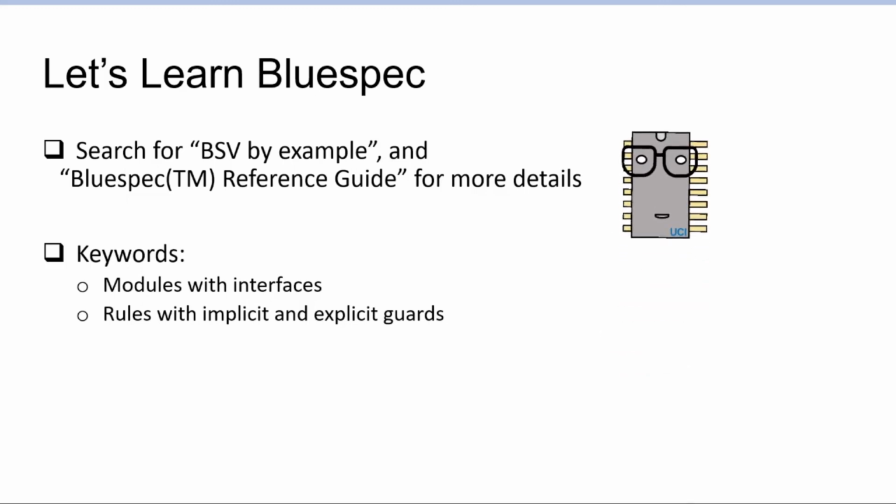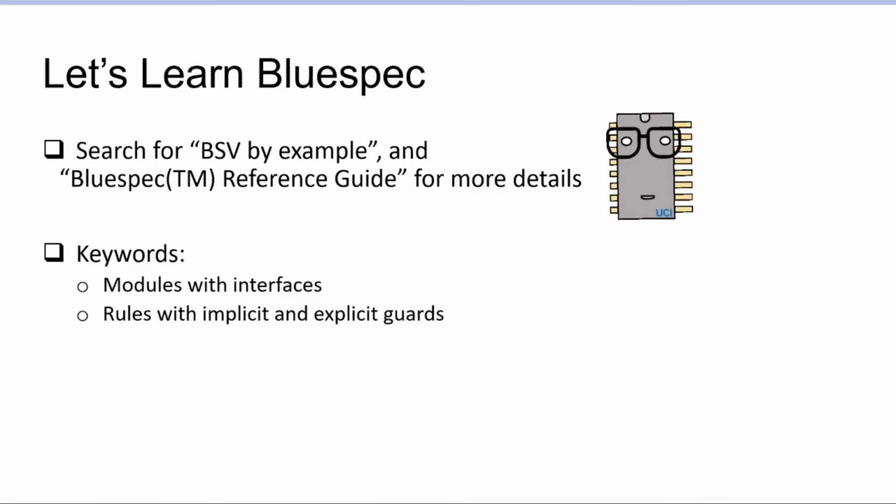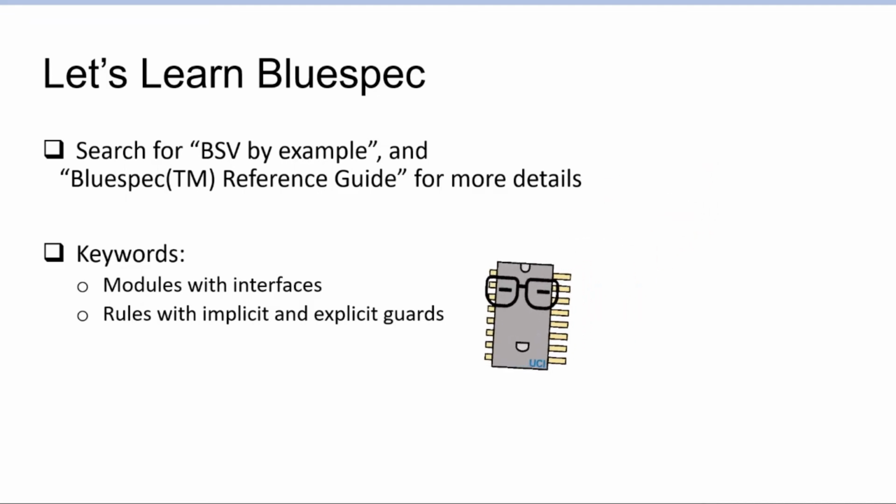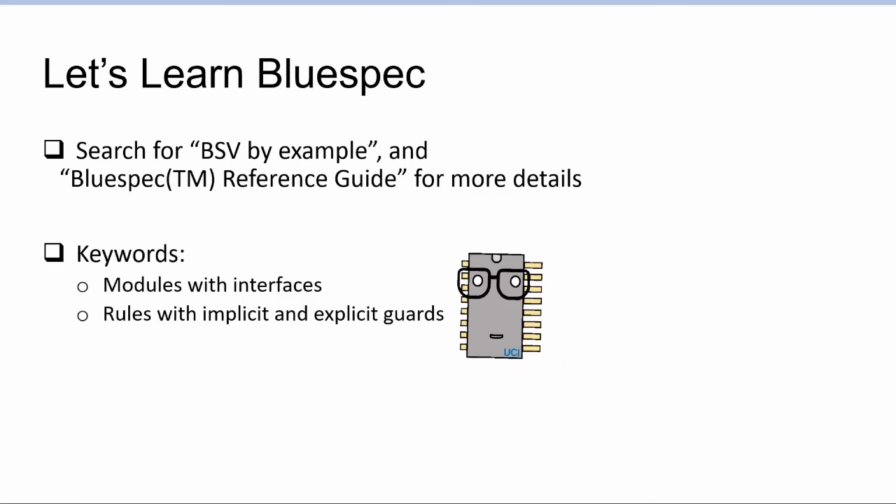For other language-specific questions, you can also ask me, or if you're so inclined, you can look for PDF books which are available online, BSV by Example, or the Bluespec reference guide for more details. But anyways, the action words, the operating words when you're dealing with Bluespec and HDLs in general are, first, you have a bunch of modules with interfaces.